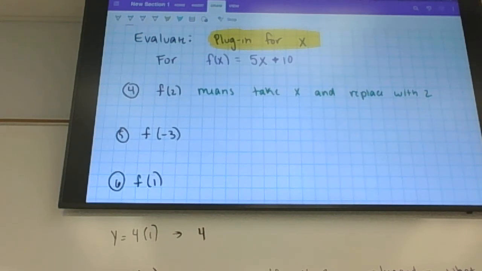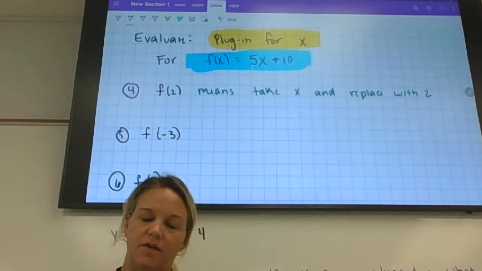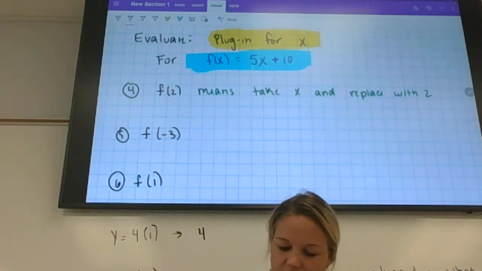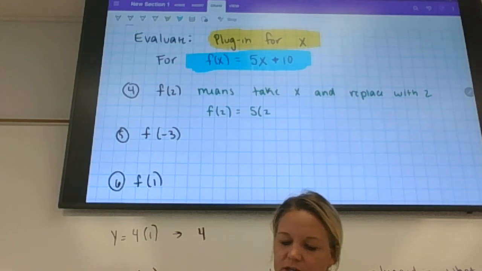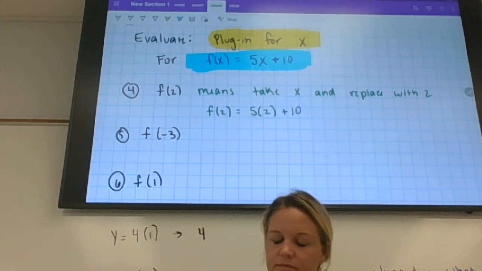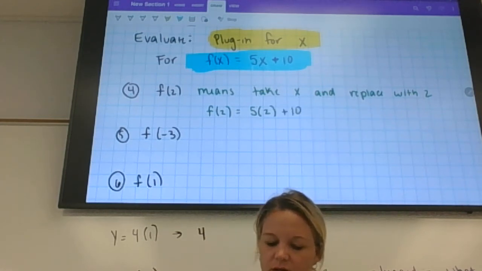All right. So this means I'm going to use the equation provided, and I'm going to evaluate it. I'm going to take x out and replace it with 2. So instead of f of x equals 5x plus 10, I'm going to do f of 2 equals 5 times 2 plus 10. I got to erase this. This is in my way.